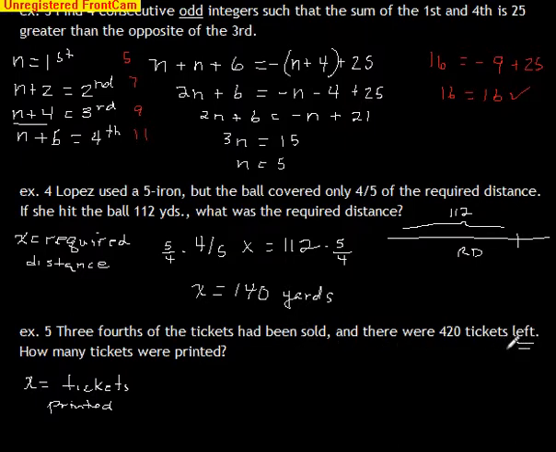This is why this one is tricky. It said 3/4 were sold. There were 420 tickets left. How many were printed? This is 3/4 were sold, so that means 1/4 were not sold. So we're going to take 1/4 times our x, which tells us how many tickets were printed.